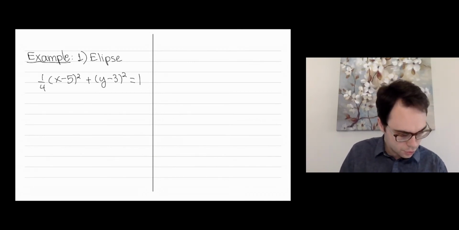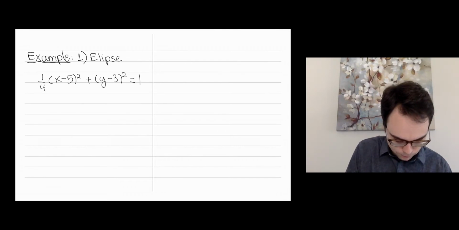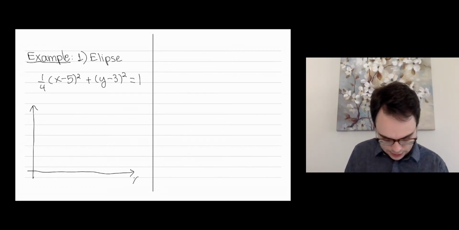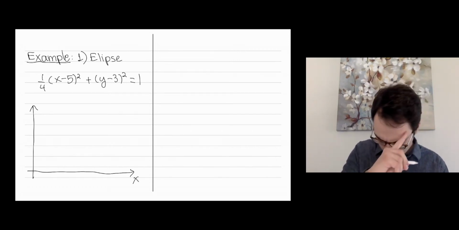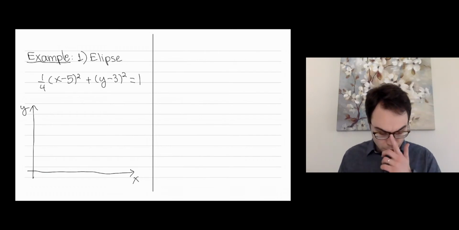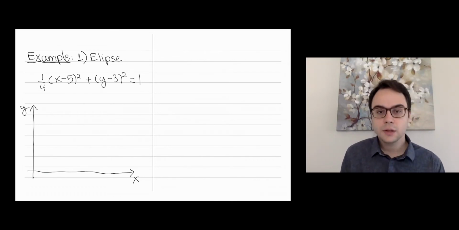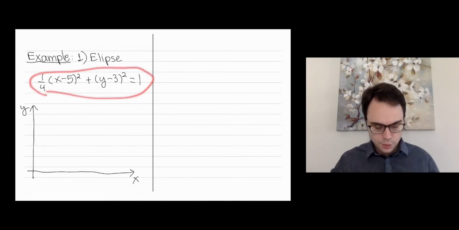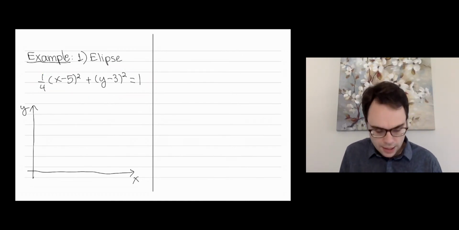Okay, so let's draw this. So here's the y-axis, here's the x-axis. So this is an ellipse, and here's what's happening to this shape. I am shifting x to the right by some amount because there's a negative number over here.